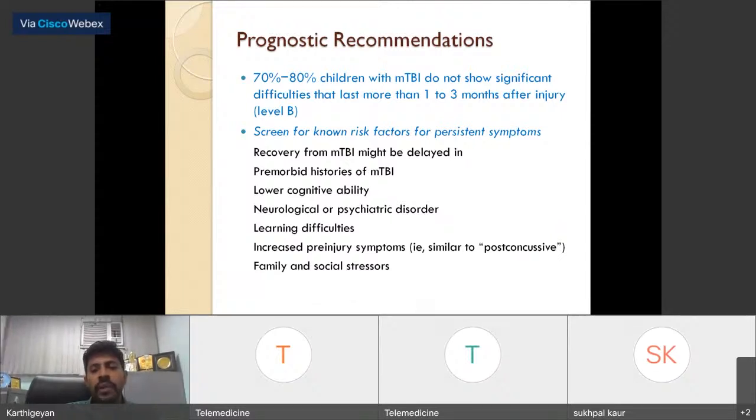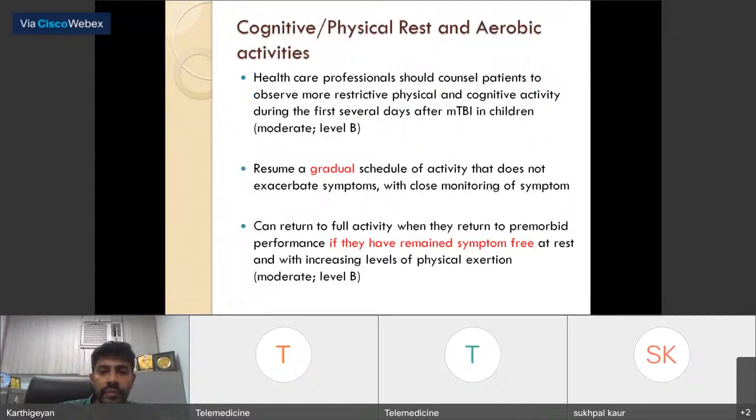Recovery might be delayed in children who already have premorbid illness, or who have developmental or psychiatric disorders, or who have a larger extent of symptoms after injuries, and other family and social stresses which can delay the recovery in these kids.